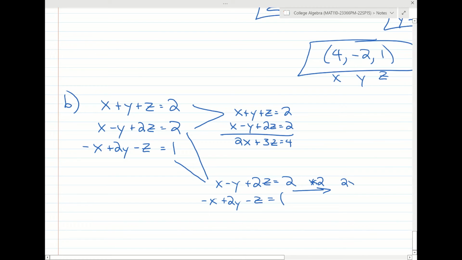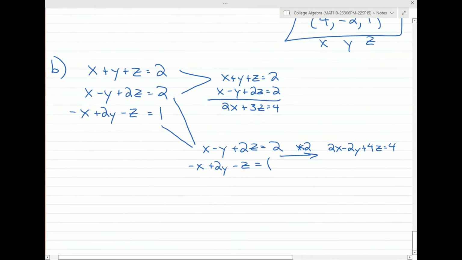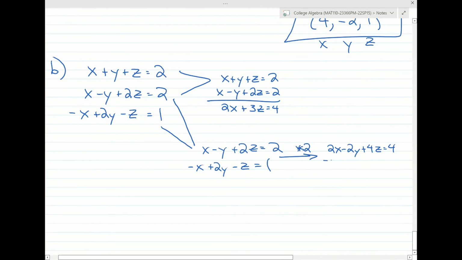So we get 2x minus 2y plus 4z is equal to 4. Second one would be negative x plus 2y minus z is equal to 1. Adding them together just gives us x plus 3z is equal to 5.